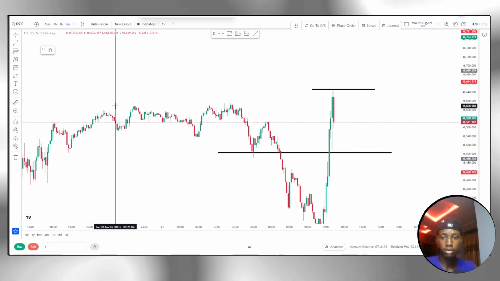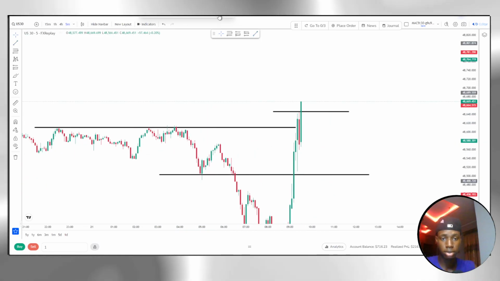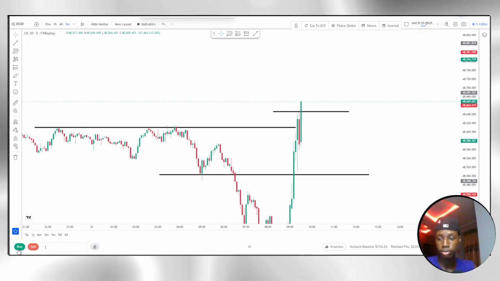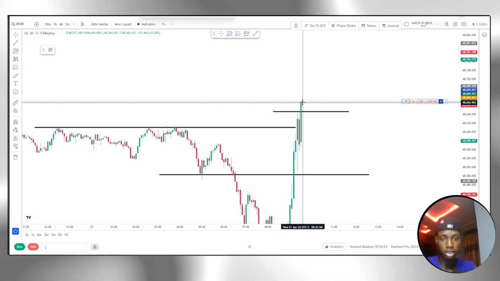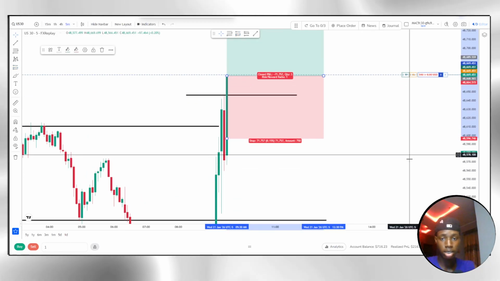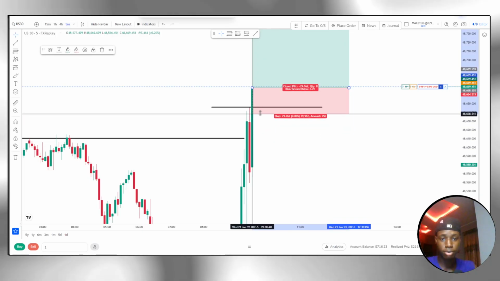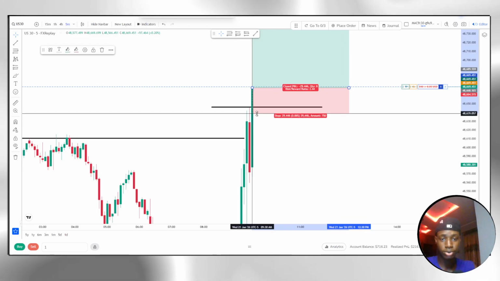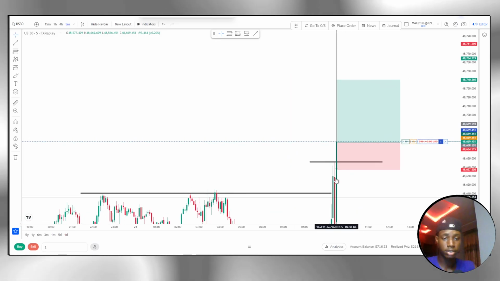So let's see what happens. Okay, so price breaks above, we can take our buy trade. This time let me put it right here since we're not far away from our entry. 70 points looks way too small, bro. So 20 points, 30 points is also going to look small, but it's fine.